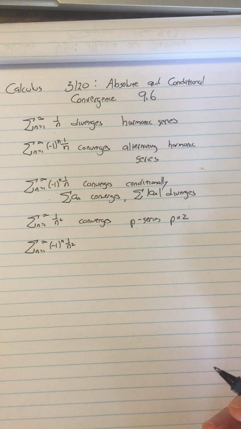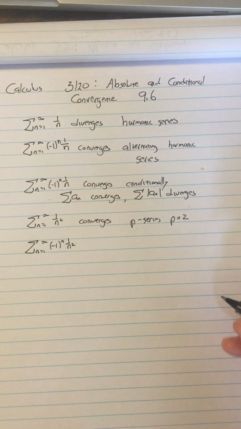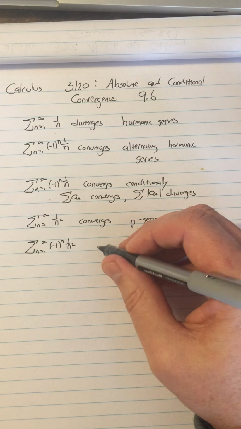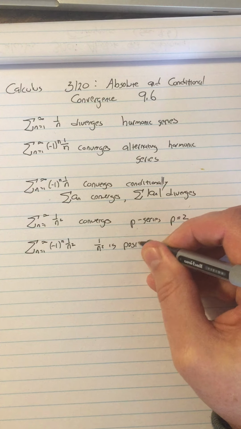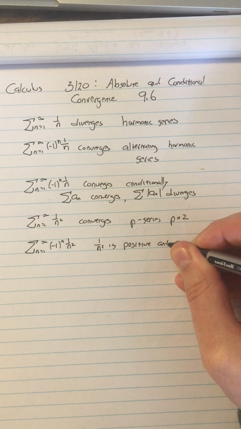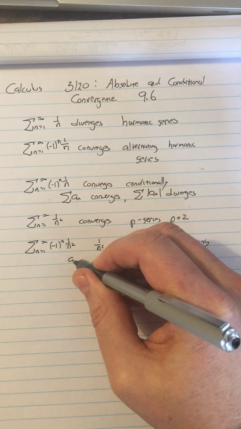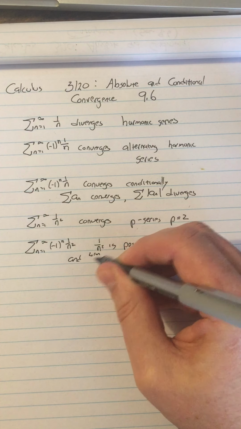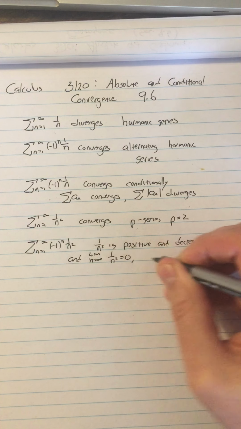So we could write that out explicitly, because I think we need a little work on justifying some of these things. What we're going to observe about this is that 1 over n squared is positive and decreasing, and the limit as n approaches infinity of 1 over n squared equals 0.